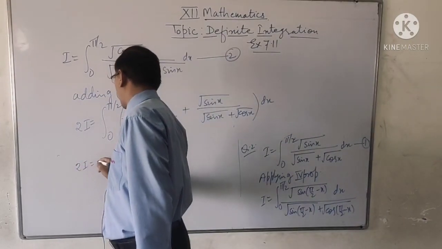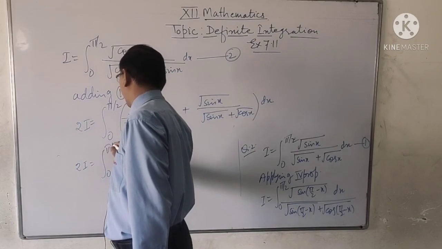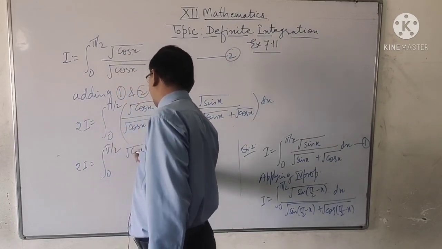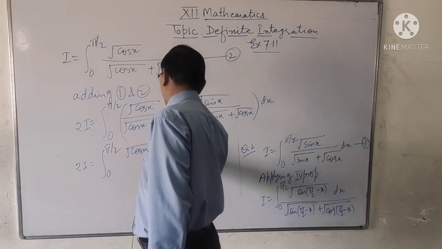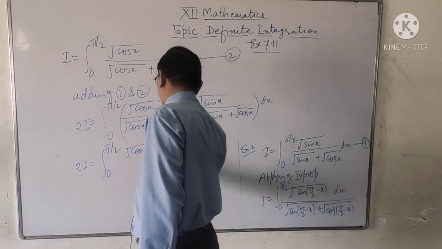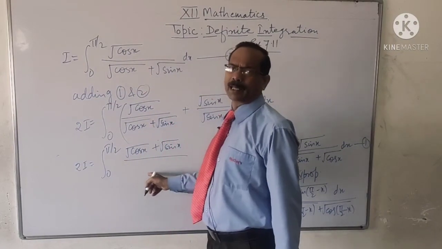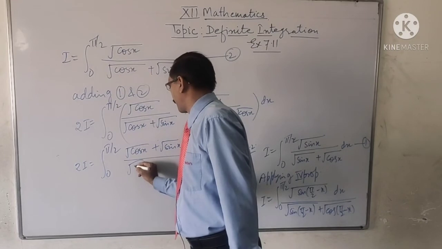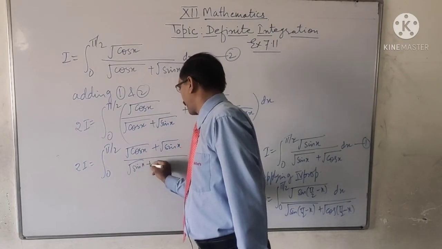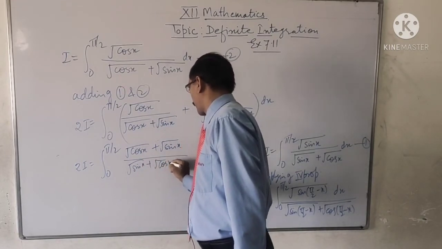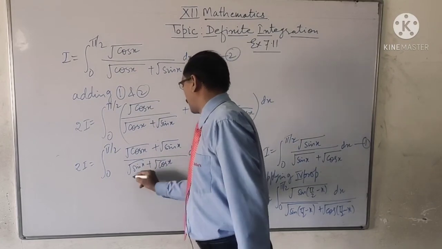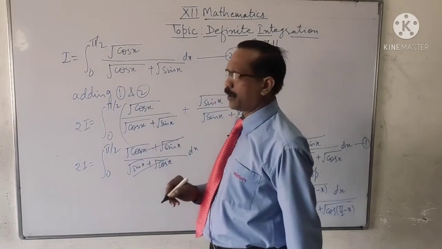So 2I equals the integral from 0 to pi by 2 of (root cos x plus root sin x) upon (root sin x plus root cos x). Since numerator and denominator are the same, they cancel out.